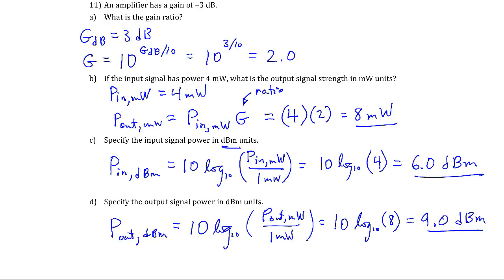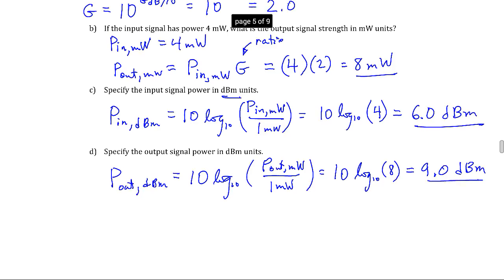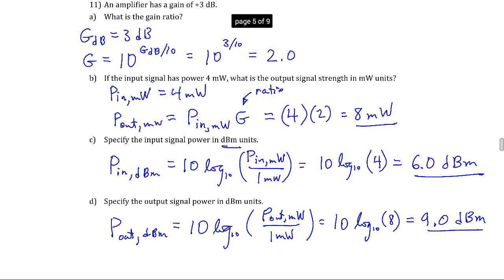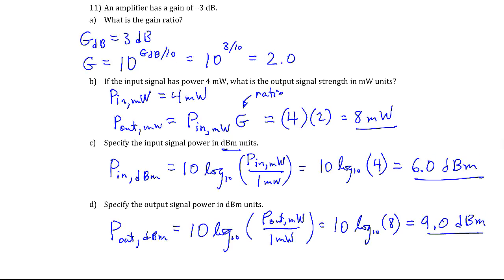Okay? And you can see that they do satisfy the equation that we would like for them to satisfy, which is that P out dBm is P in dBm plus the gain in dB.